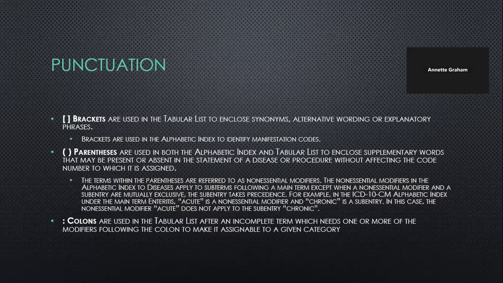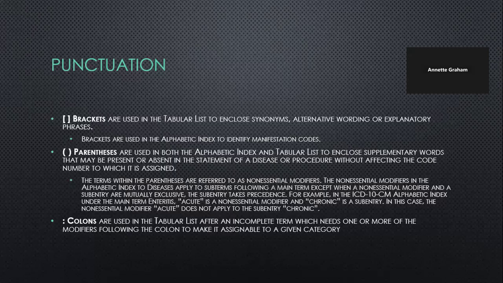To further clarify, the terms within the parentheses are referred to as non-essential modifiers. The non-essential modifiers in the alphabetic index to diseases apply to subterms following a main term, except when a non-essential modifier and a subentry are mutually exclusive.